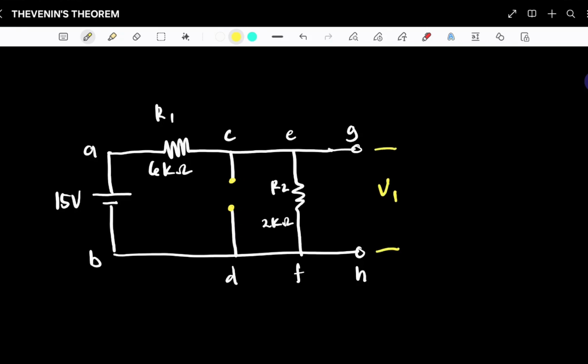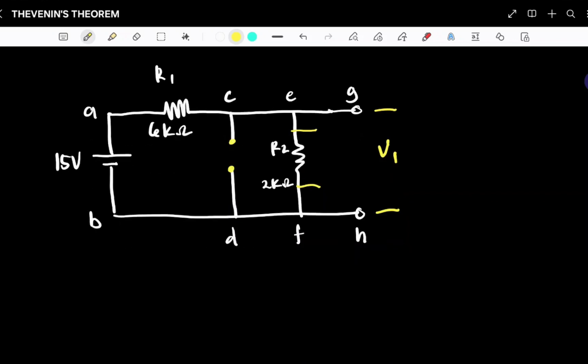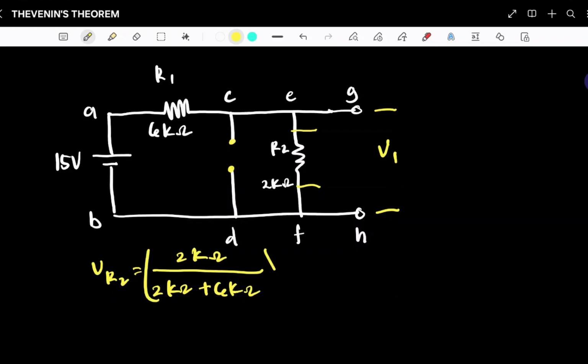So, the voltage across the open terminals is equal to the voltage across R2, which can be calculated using voltage divider theorem. The voltage across R2, VR2, is equal to 2 kilo ohms divided by 2 kilo ohms plus 6 kilo ohms multiplied by 15 volts.